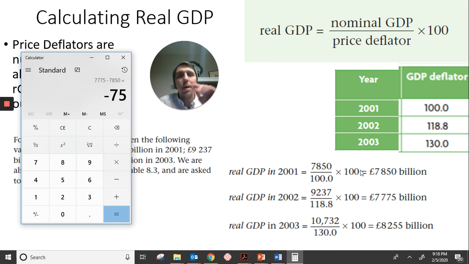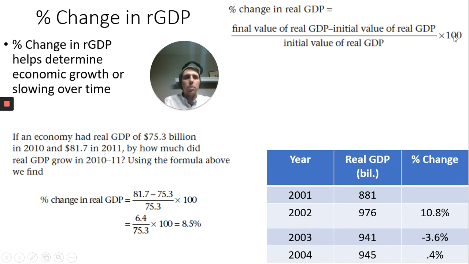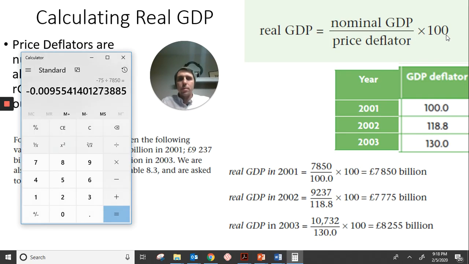Now I divide that by my original. My original is 7850. Gives me negative 0.009. And then I multiply it by 100. This says that between 2001 and 2002, the economy shrank by 0.95%. Okay.